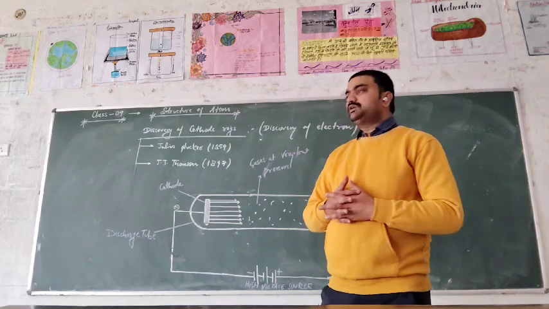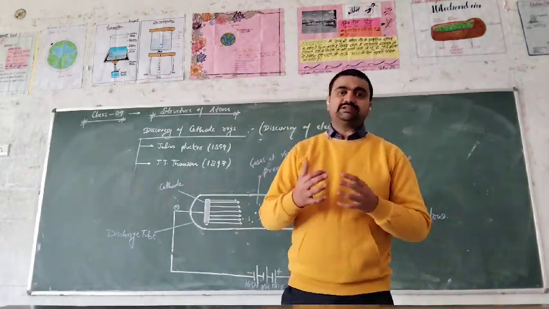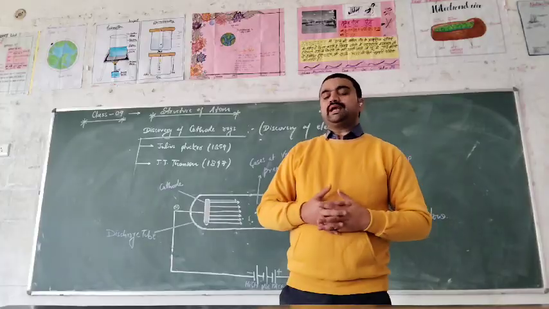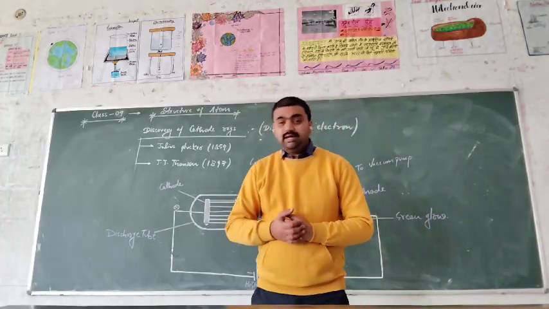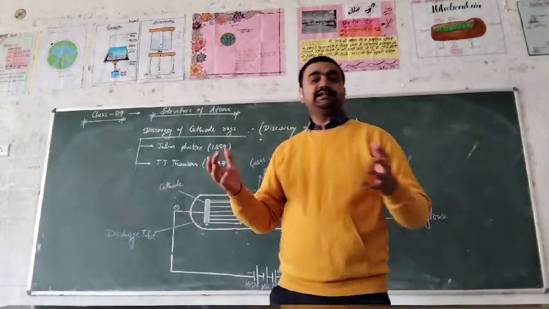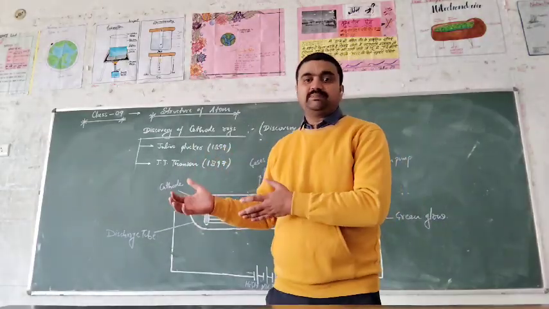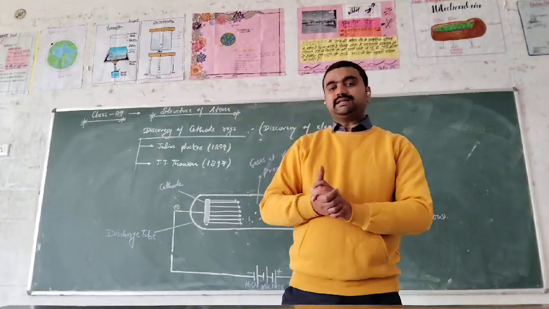After knowing about the fundamental particles, a question always arises in our mind: how can we explain the presence of electron, proton and neutron in the atom, or what are the theories or the history behind the discovery of the electron, proton and neutron as well?